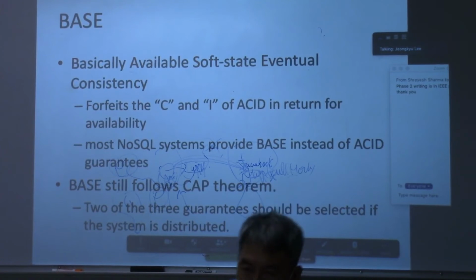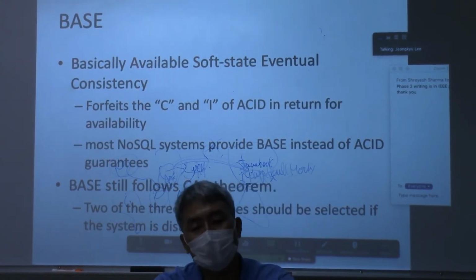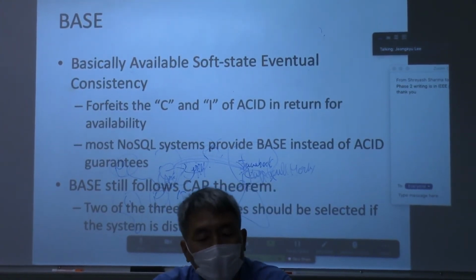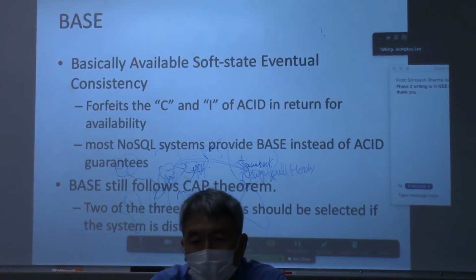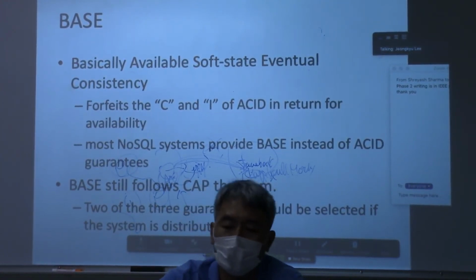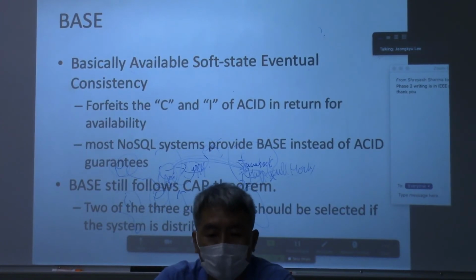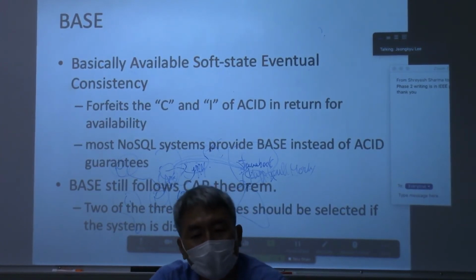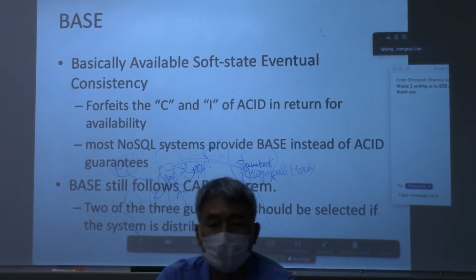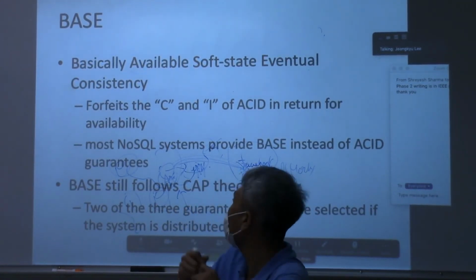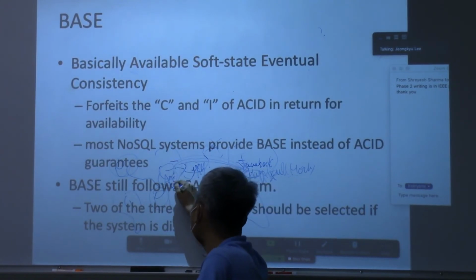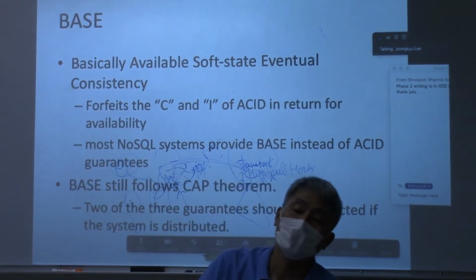So distributed database systems and NoSQL databases use such a relaxed transaction model called BASE: basically available, soft state, eventual consistency. In short, it's a BASE transaction. We mostly sacrifice consistency or isolation, which means even though the transaction is not committed, it's available.